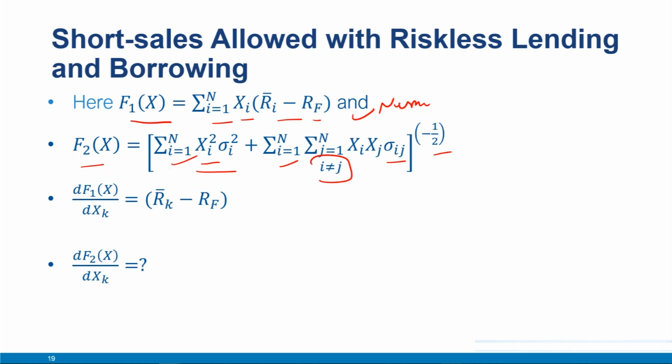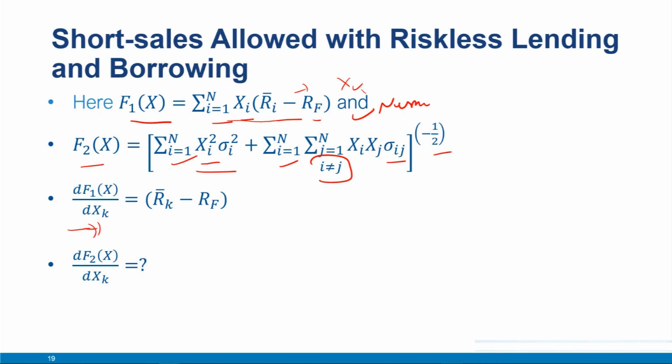The derivative of the first part, that is d of f1(x) upon dxk, is rather simple. In the entire complex-looking summation expression, there is only one term which carries xk, with respect to which we are differentiating. All the other terms are constant for this differentiation and they will become 0.